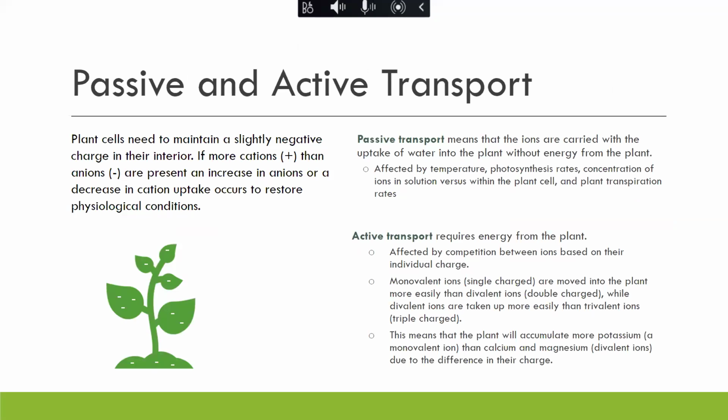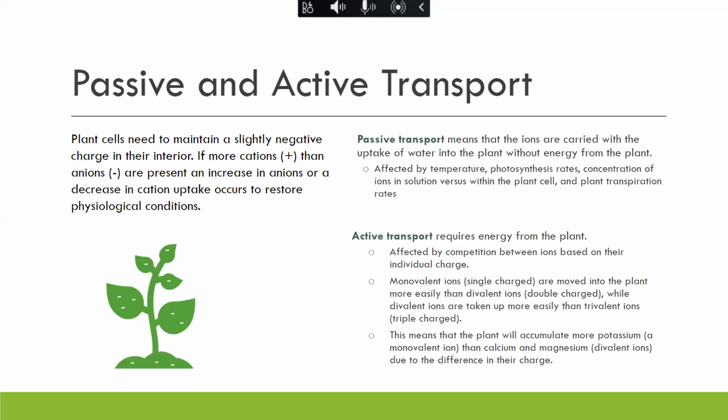So plant cells need to have a slightly negative charge on their inside. So if more cations with a positive charge than anions are present, an increase or decrease in cation uptake occurs to restore those physiological conditions for the plant to continue to have that slightly negative charge in their interior.